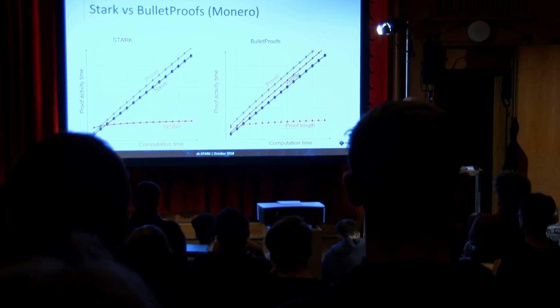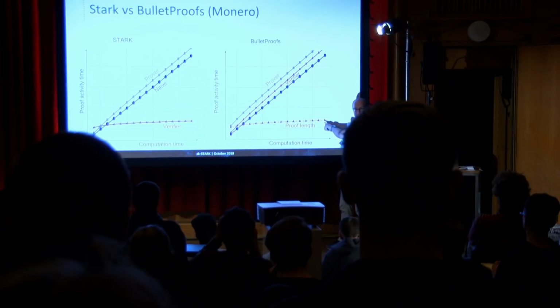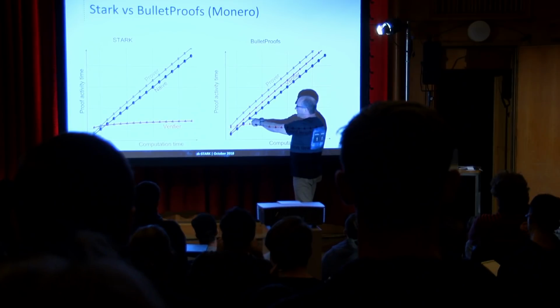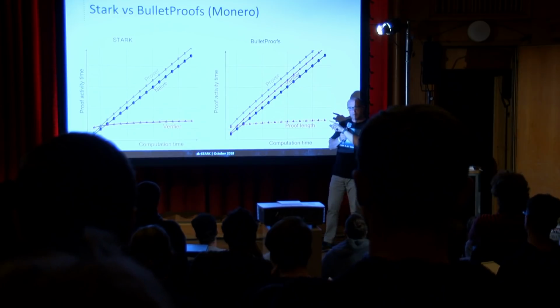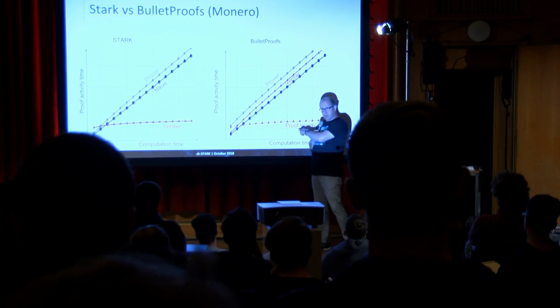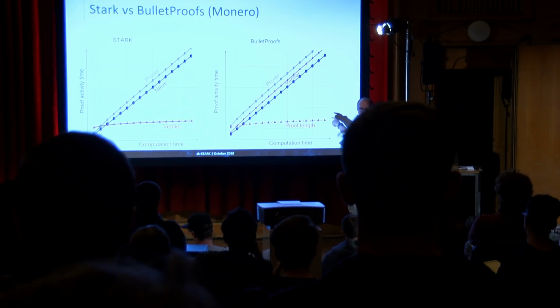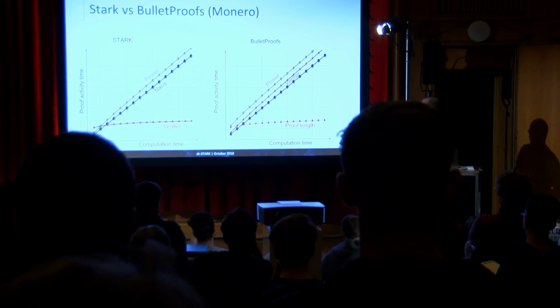With Bulletproofs, the proof length, the communication complexity, scales very well. But verification time actually grows superlinearly with the computation time. As a zero-knowledge technology, Bulletproofs might be very good, and by the way, it's a transparent technology. You don't need any trusted setup, which is really great.